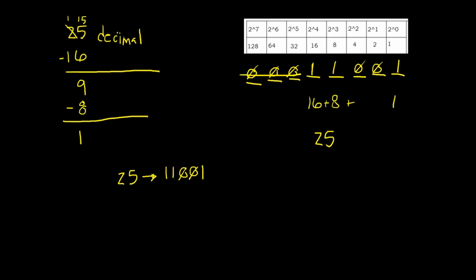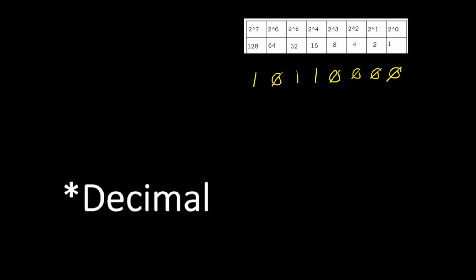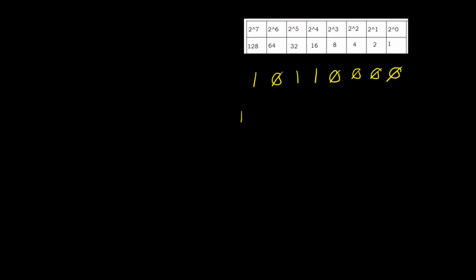So now let's do a reverse number. What if I gave you the number 1, 0, 1, 1, 0, 0, 0, 0? Can you convert this to decimal? Of course you can, very easily. We know this 128 is turned on, plus 32, plus 16, and we have nothing left here, so this is all blank.